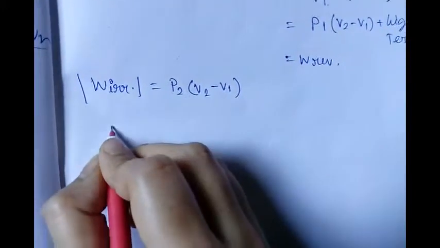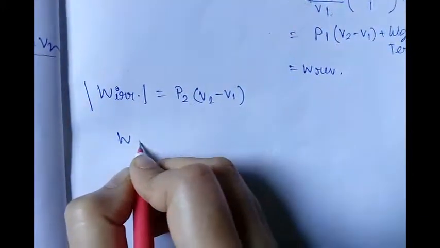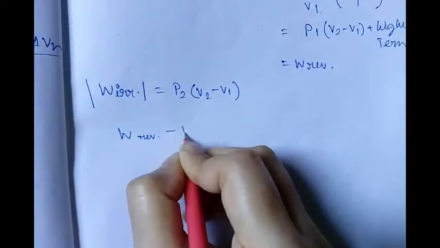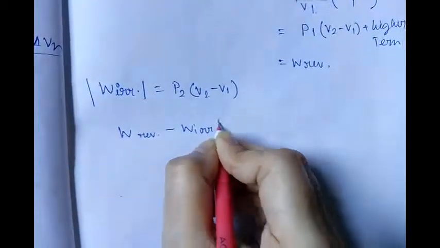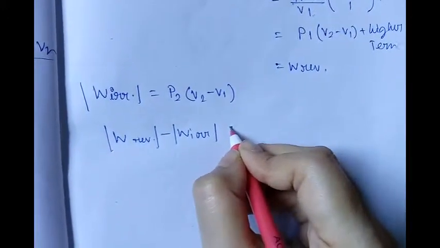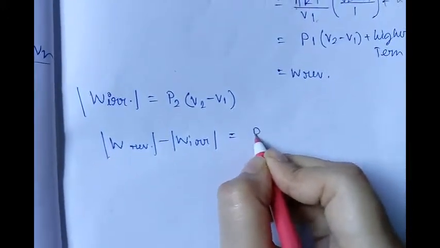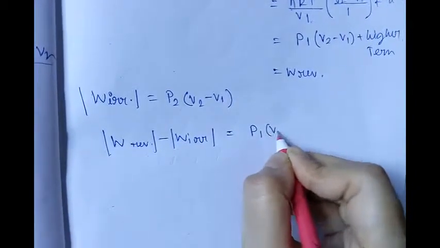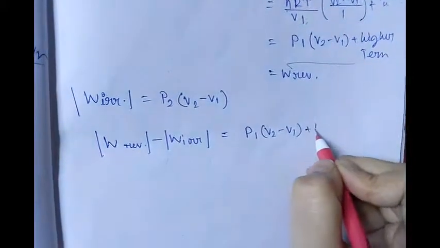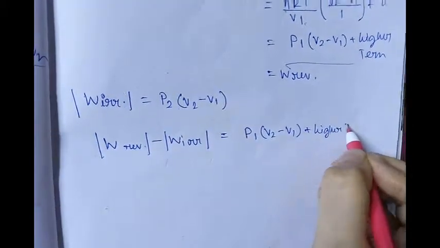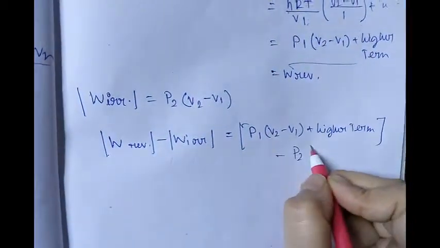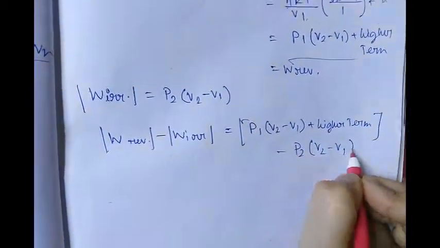Hence mod of W reversible minus W irreversible equals P1 into (V2 minus V1) plus higher terms, minus P2 into (V2 minus V1).